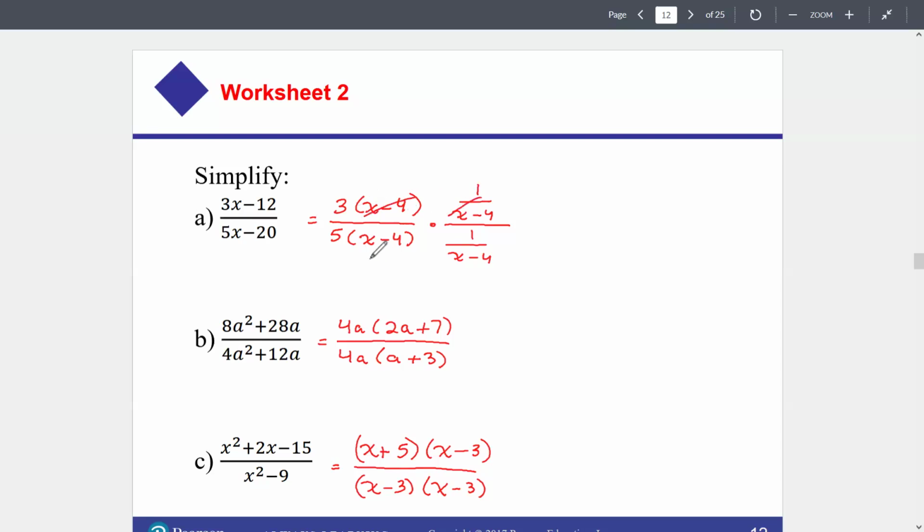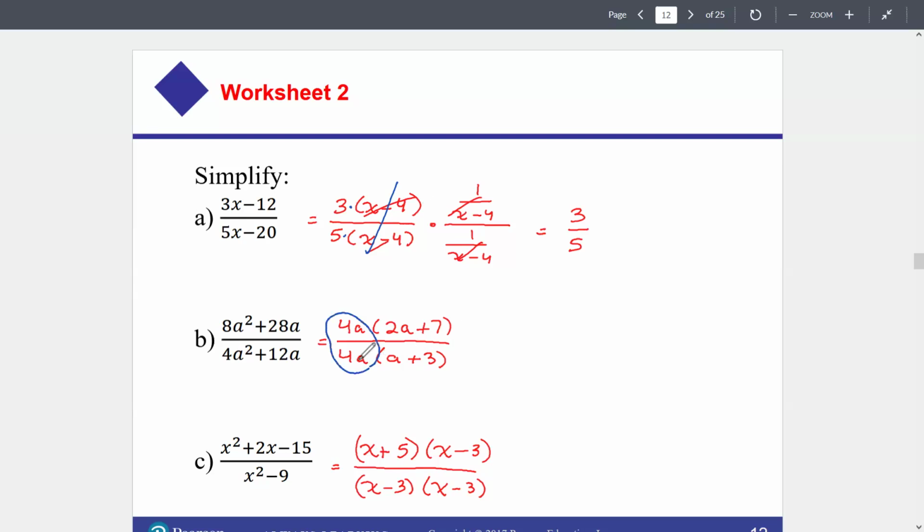Then I'm getting rid of them, which leaves me with 3 over 5. As long as there's this multiplication, really what I'm doing is canceling out a common factor. As long as the factor is common to the top and the bottom, this is essentially equal to 1, so I can make it disappear.